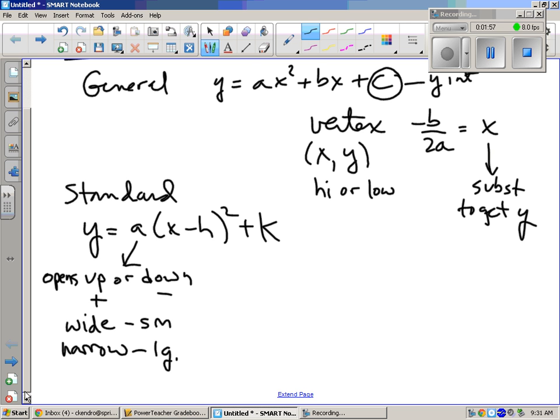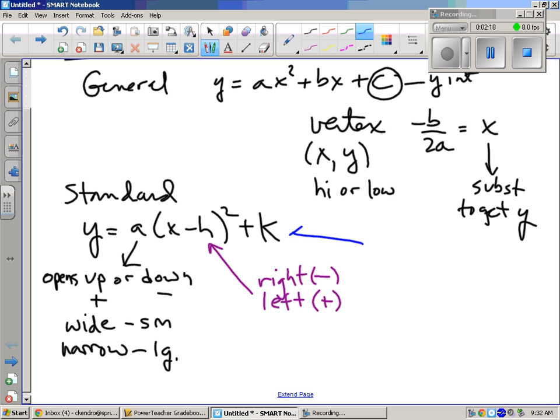The h right here makes it move right or left. It moves to the right when you see a minus sign, and it moves to the left when you see a plus sign. And just like a lot of other things, when you have parentheses involved, it's opposite of what you think when you look at the sign.